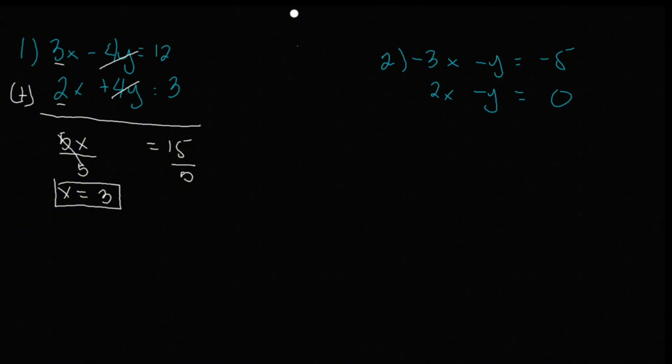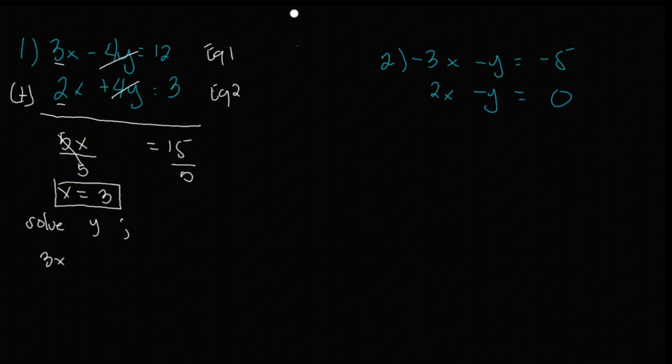Now, since you have the value of x, you can now solve for the value of y. In solving for y, you just need to pick any of these two equations. It can be equation 1 or you can choose equation number 2. Let's just try to use equation number 1.